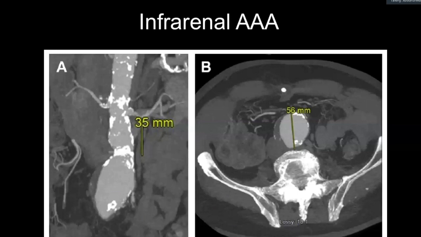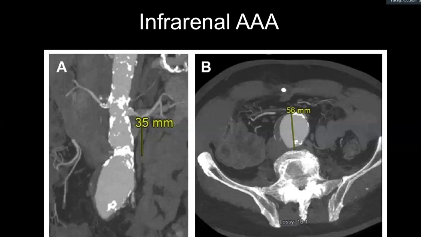So in the case of the abdominal aorta, anything more than 3.5 centimeters is by definition considered aneurysmal, and aneurysms are considered for repair when they reach a threshold of 5.5 centimeters. We tend not to repair aneurysms less than 5.5 centimeters due to some various trials.